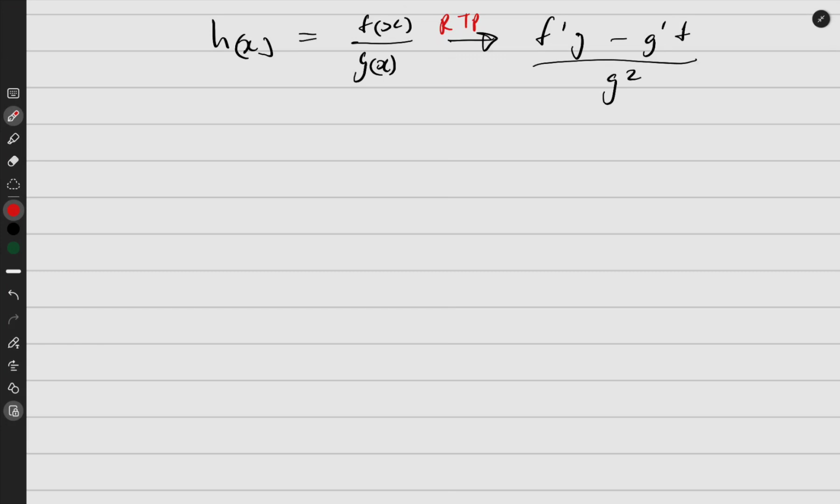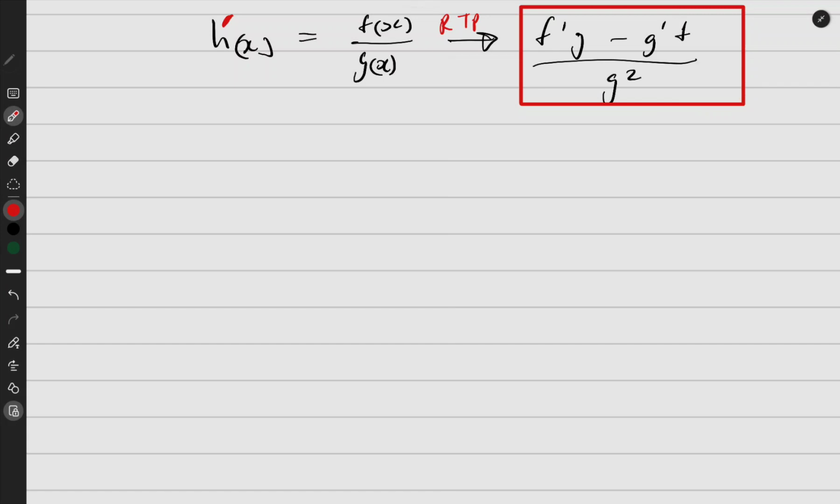If you have to take a derivative of this function h of x, which is f of x over g of x, you take the derivative of the upper function, take the below function as it is, minus the below function derived, then the upper function as it is, all divided by the lower function g squared. We'll have to prove this statement using first principle.